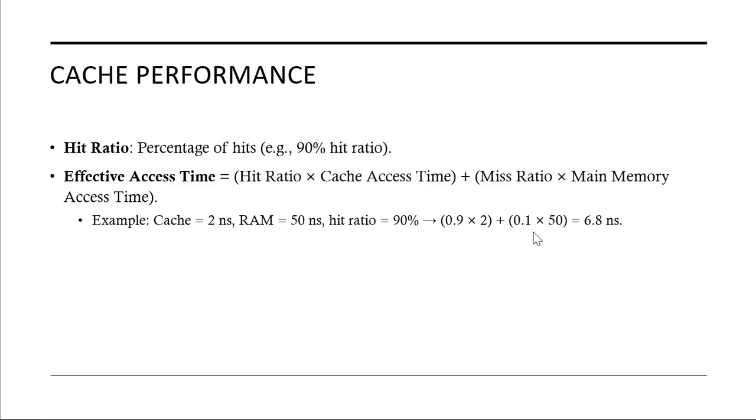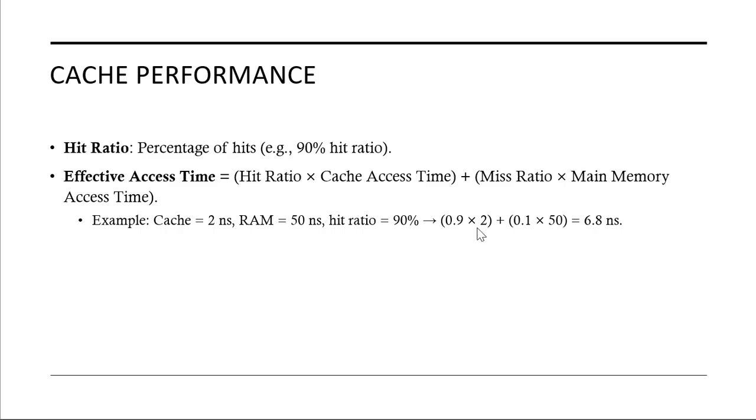So for the hit ratio to be 90%, you know that the total percentage is 100%. So if the hit ratio is 90%, that means the remaining has to be 10%, which will be the miss ratio. That's what we have here. So the 90% was converted, that's how we have 0.9 here.